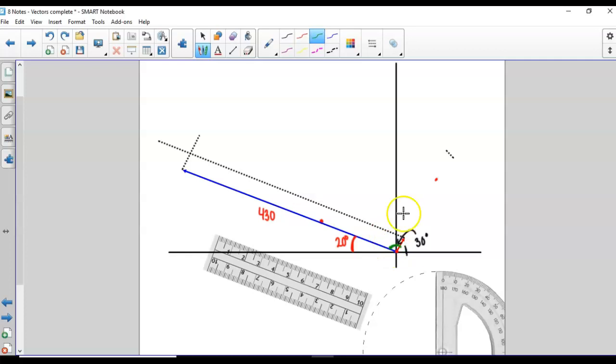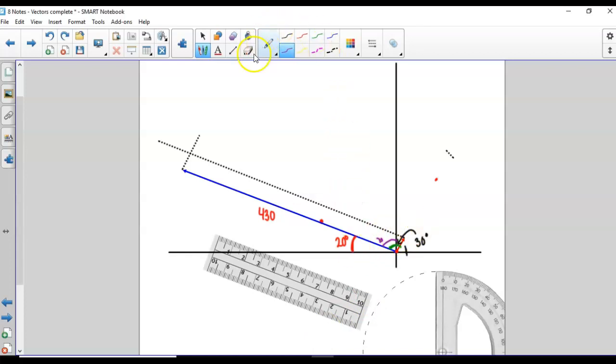What is the measure of that angle going to be? The whole thing is not 70, but part of it is 70. Because if this angle right here is 20, then this piece right here would be 70, right?